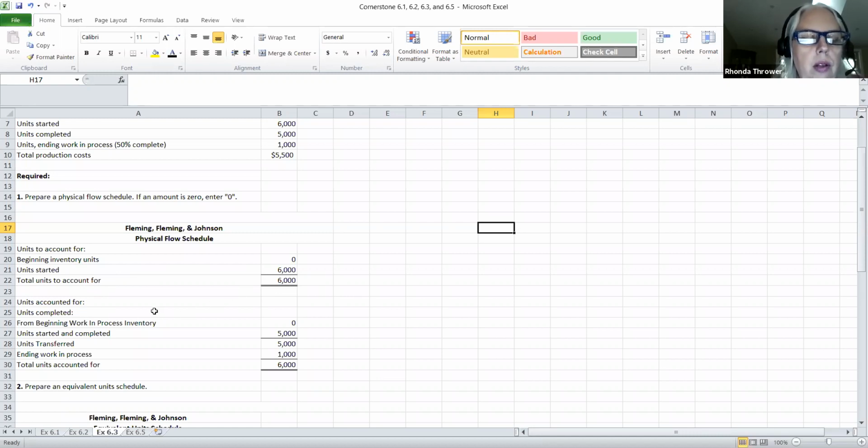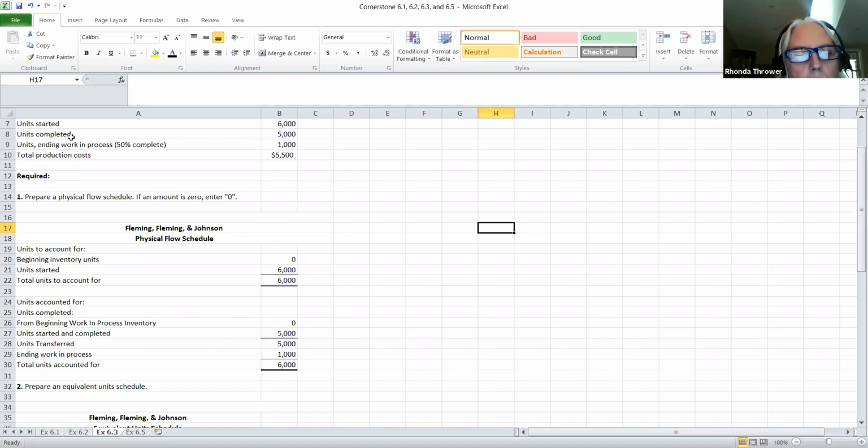of these whole units. The units accounted for have to consist of calculating the units that are completed during this period of time. So from the beginning work in process, we had no units, but we know that we started and completed 5,000 units because they told us that in the above information.